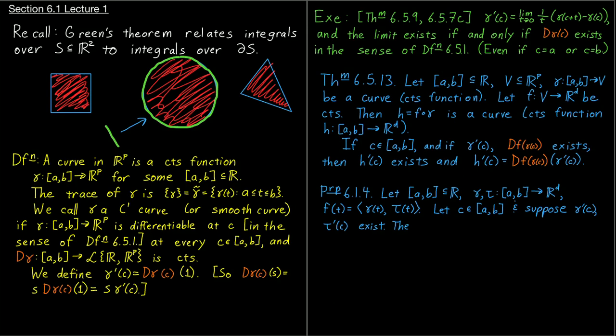And the conclusion is that the inner product of gamma with tau is also differentiable at c. f prime of c, remember this is a function from the real numbers to the real numbers, so we can have derivatives back in the sense of chapter 2 from last semester. f prime of c is a real number. The real number is the inner product of gamma prime of c with tau of c plus the inner product of gamma of c with tau prime of c. And in particular, it exists.